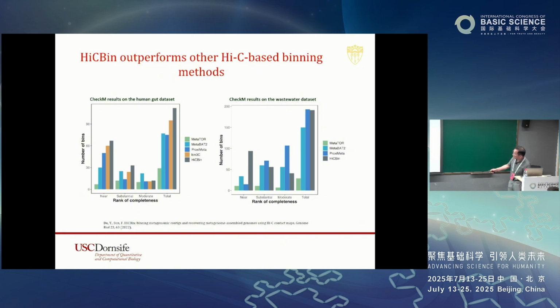You can see we have close to 100 recovered near complete genomes, but the other ones don't. The next best is just around 40 complete genomes. So yeah, you can see that after normalization, you can get much better results.